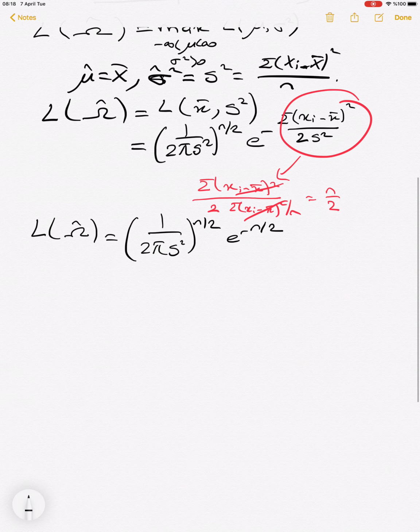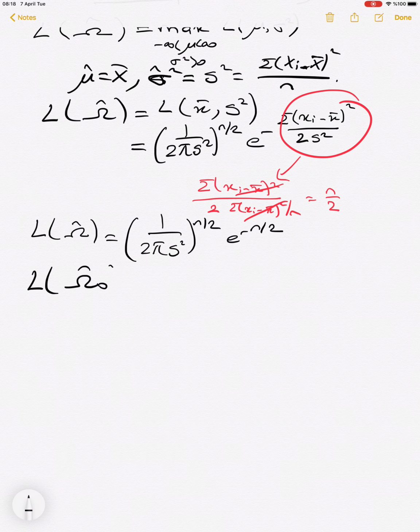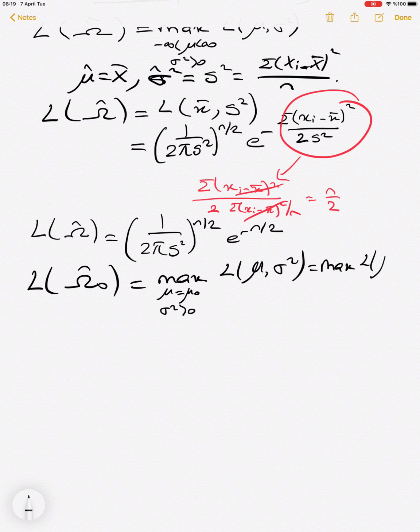Okay, so let's try to find the numerator part. This is the maximum likelihood under the case where mu equals mu 0 and sigma square is positive. Since mu only takes the value mu 0, our maximization should be on sigma square only.